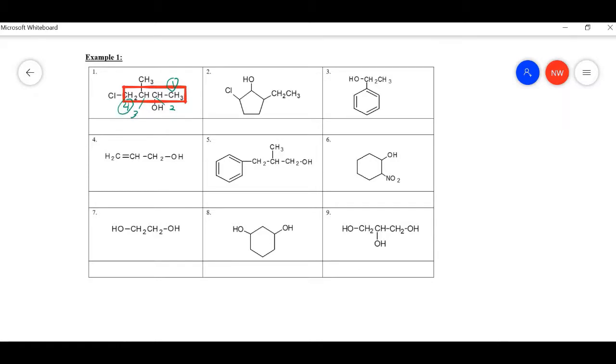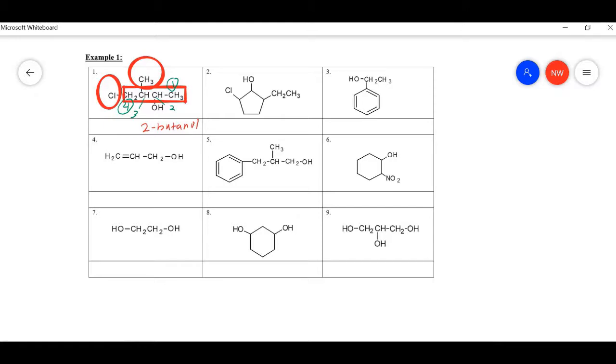So sekarang ni OH duduk pada posisi yang kedua. So substituent yang ada berapa substituent? Ada CH3 sebagai substituent dan juga Cl pada posisi keempat sebagai substituent. Jadi apa nama yang pertama ni? So I tahu OH duduk pada posisi yang kedua, ada 4 karbon. So di sini akan jadi 2 butanol. Okay, 2 butanol disebabkan OH duduk pada position karbon yang kedua.